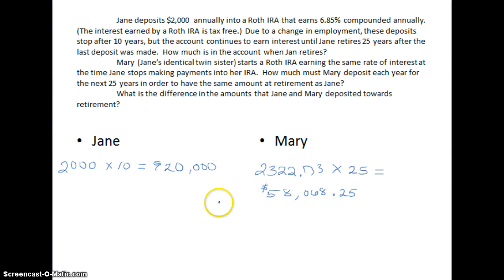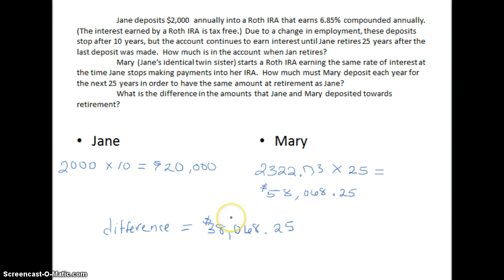Wow, what a difference. So if I subtract the two, 58,068.25 minus 20,000 here. The difference, which is what the question actually asks, is $38,068.25.